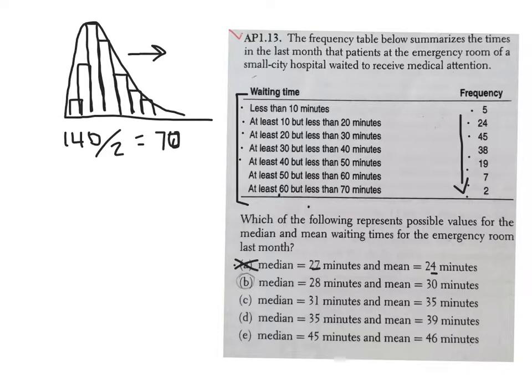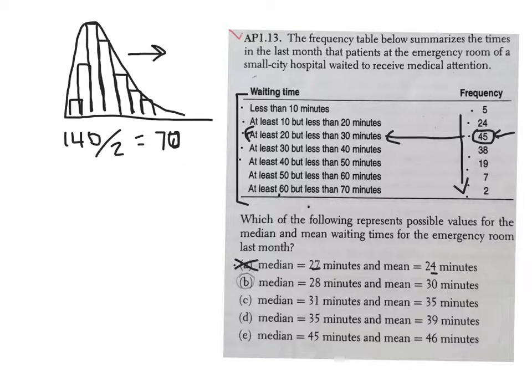I'm going to figure out where that is, so I'm just going to add these numbers up. 5 plus 24 is 29, plus 45 gives me 74. So we're already at 74 patients, so it's got to be in this group. The 74th person is in this group where 45 patients had to wait. So it looks like it's going to be in that range.